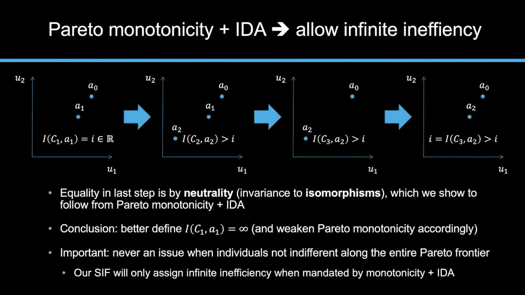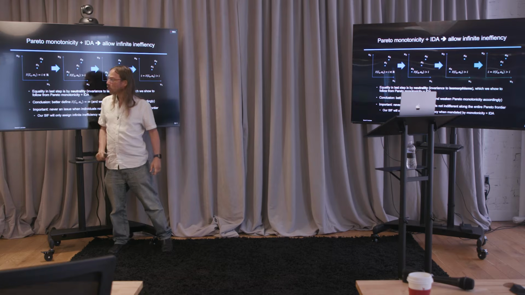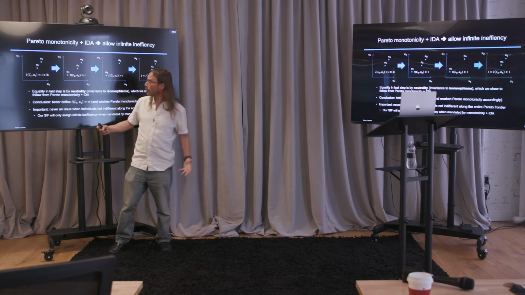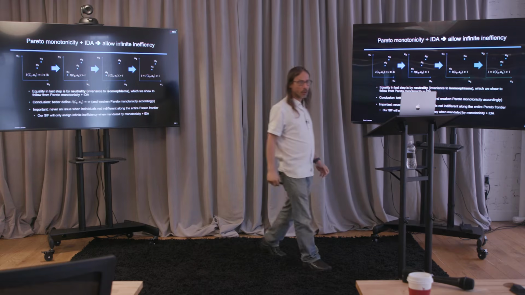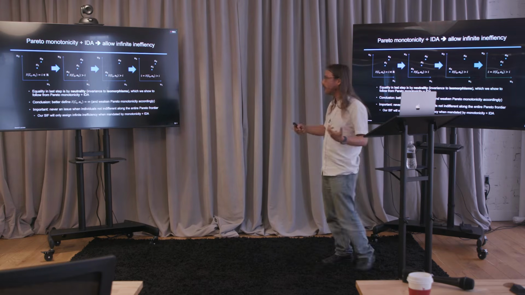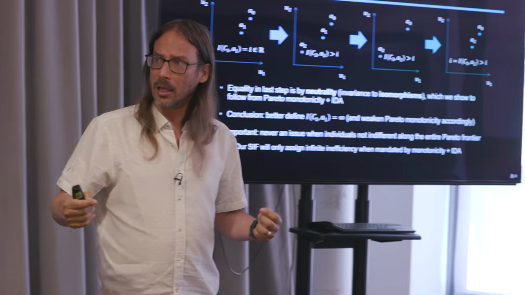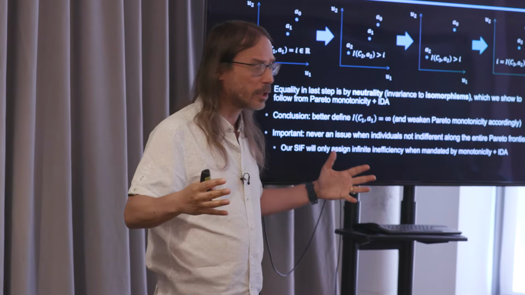I should say importantly, this is never an issue when individuals are not indifferent along the entire Pareto frontier. Here both individuals are indifferent across the entire Pareto frontier because the Pareto frontier consists of a single point. Whenever you have a real tension, a real trade-off, there is no individual that is indifferent across the entire Pareto frontier, you will not have this issue.